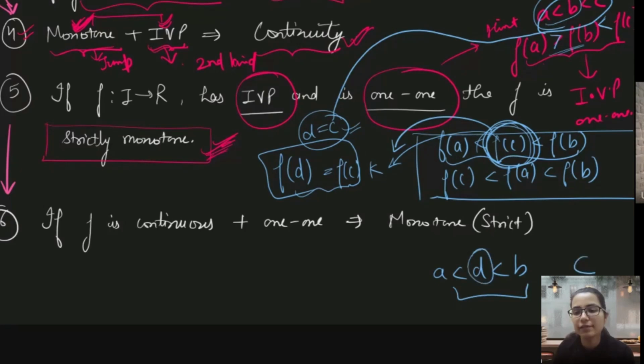So C and D are different, but you are saying that they are equal by the 1-1 property. So this is a complete contradiction. So you cannot say this. So that means f is strictly monotone.